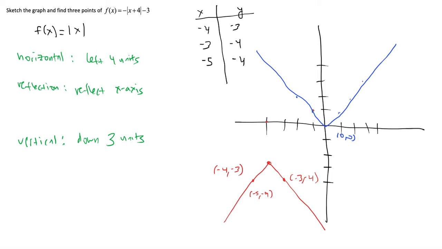If you take this point, shift it to the left 4 units, reflect it across the x-axis, and then move it down 3, we would end up over here. Okay? So when you're doing these, you can make a table, maybe like 6 or 7 or 8 points, to help you get a good idea. Okay? But I think it's always better just to use the transformations. Or you can just do a combination of both.